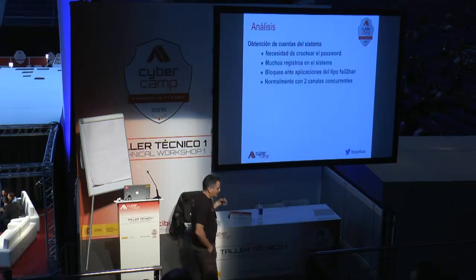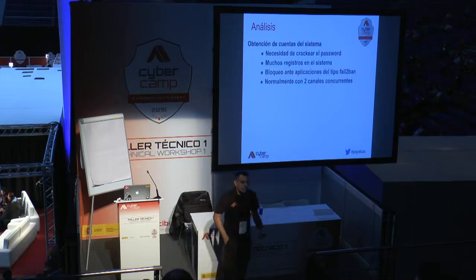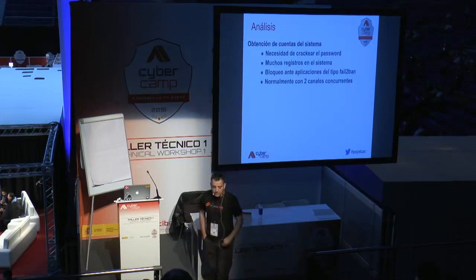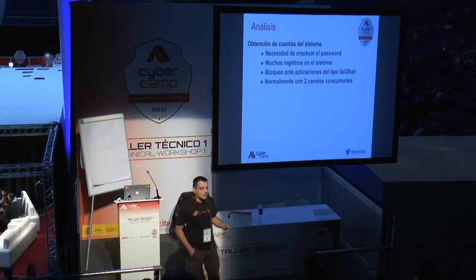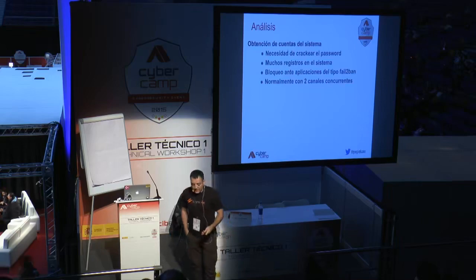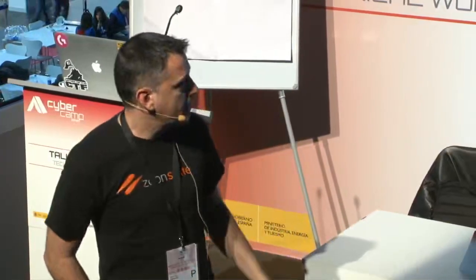And why is that? First of all, because if we want to get an account in a system, we have to do brute force, remote brute force, and that's going to leave a lot of trace, and there are many systems that will block that. And if we crack the account, there will probably be two channels to do concurrent calls.